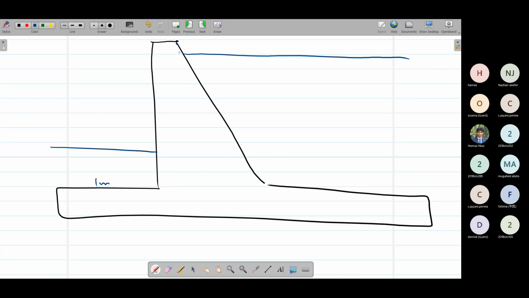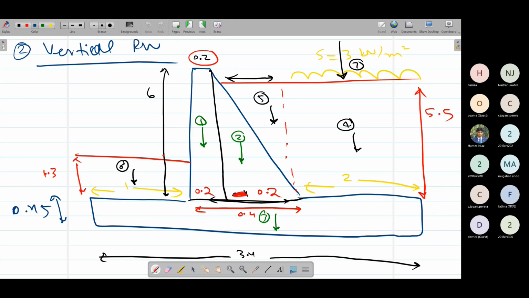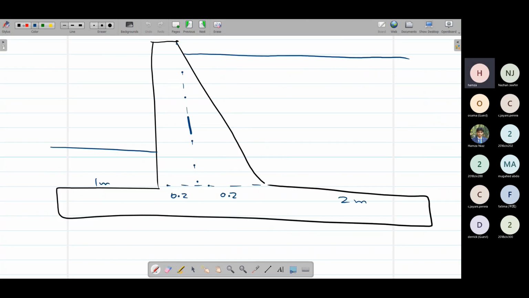If I divide this into two portions, 0.2 meters, 0.2 meters, and this is our 2 meters. So these are simple values of the stem, heel and toe. Now we have to calculate the moment arms.